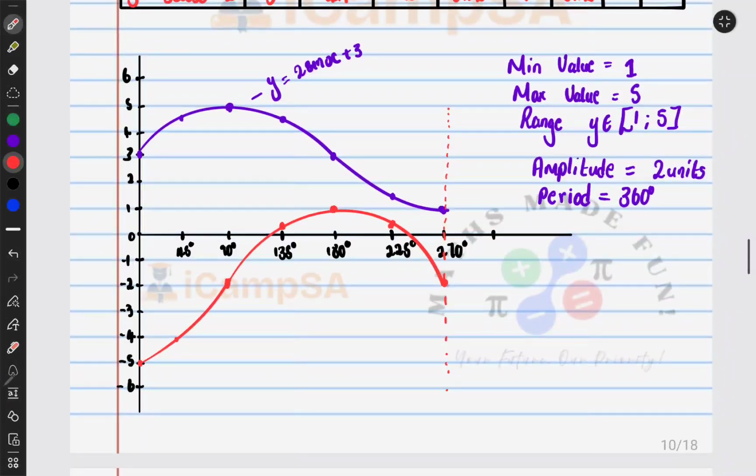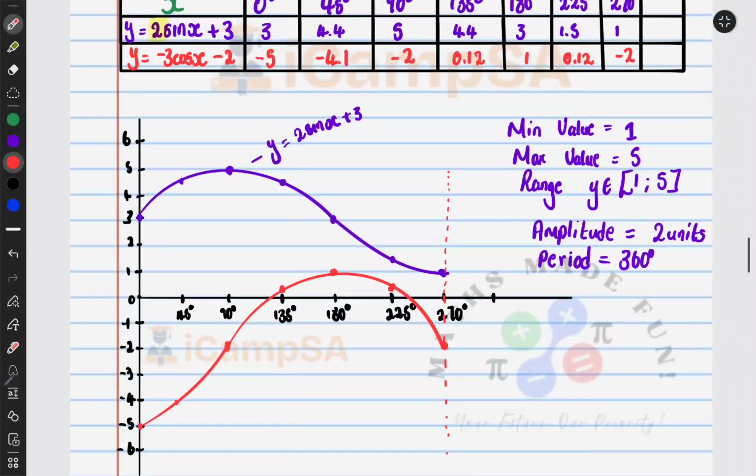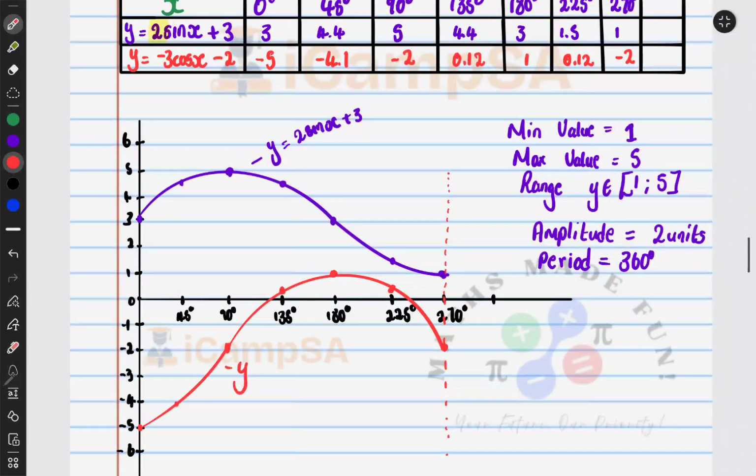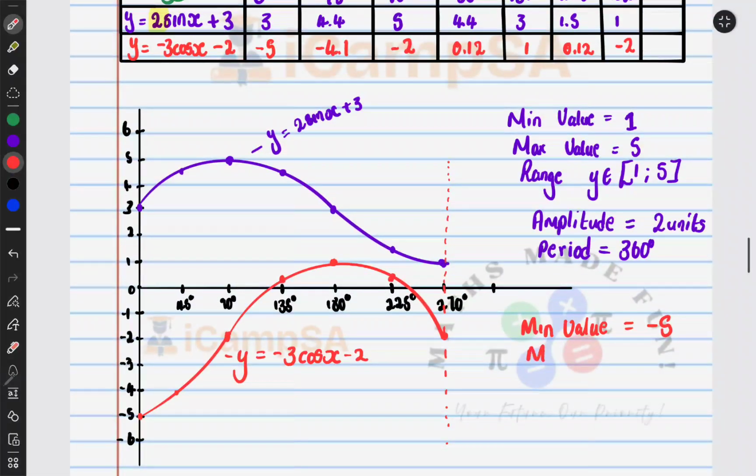Okay, let's come to the red function of y is equal to the cosine function. Y is equal to -3 cos x minus 2. What is the minimum value, lowest value, or the smallest value of the function is -5. We see it here is -5, and then we have the maximum value.